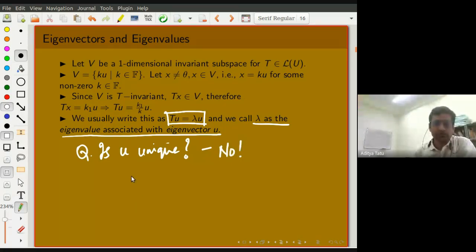Okay. So T of K times U, what would that be equal to? K into Tu by definition should be equal to K times lambda U. This would be equal to lambda into KU.